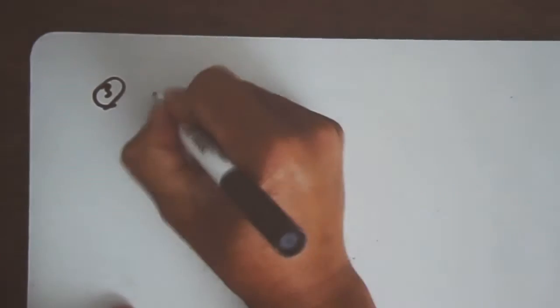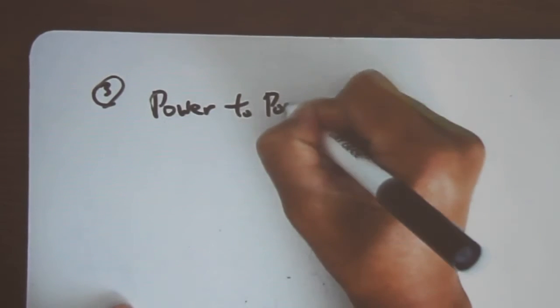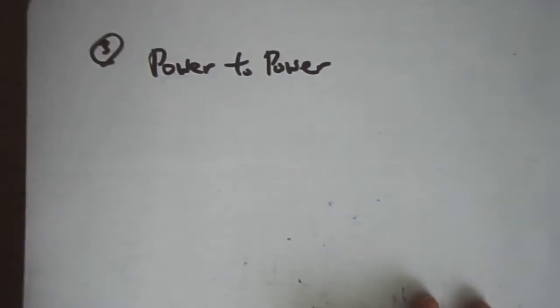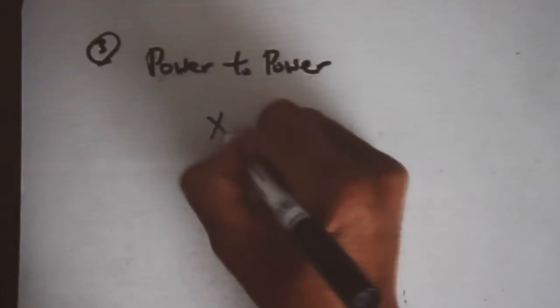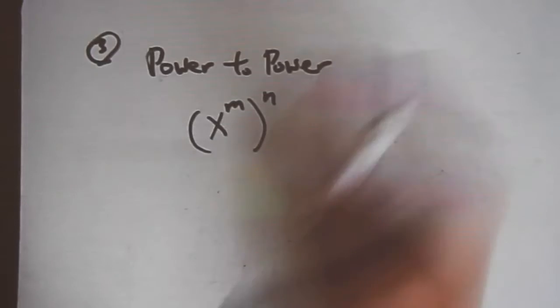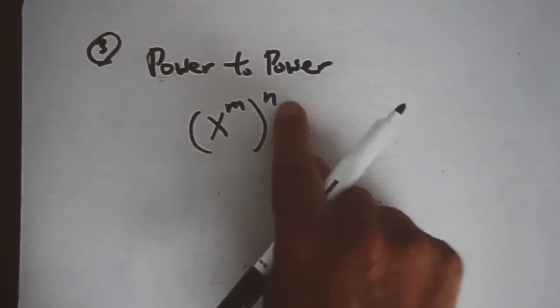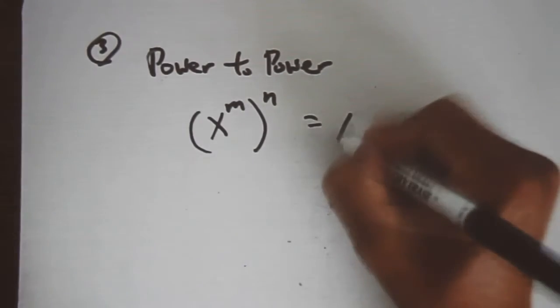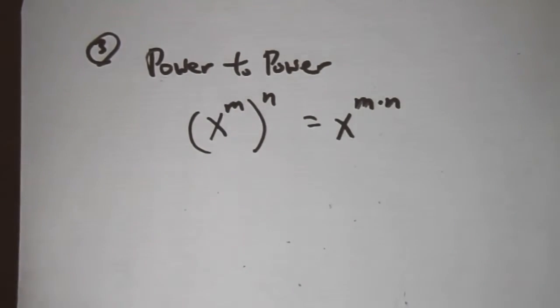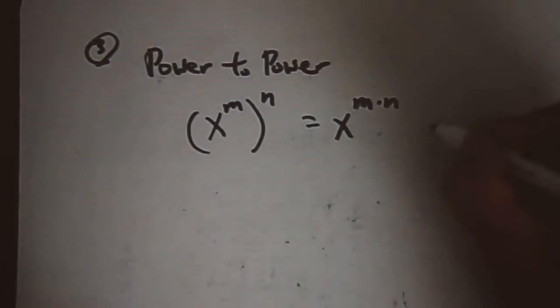Okay. The next rule that follows after the quotient rule, we'll call this rule number 3, is the power to power rule. What that says to us is, if we have a base, let's say x to the m power, all of it to the nth, notice power, so we get another power, we multiply them. So it's x to the m times n.